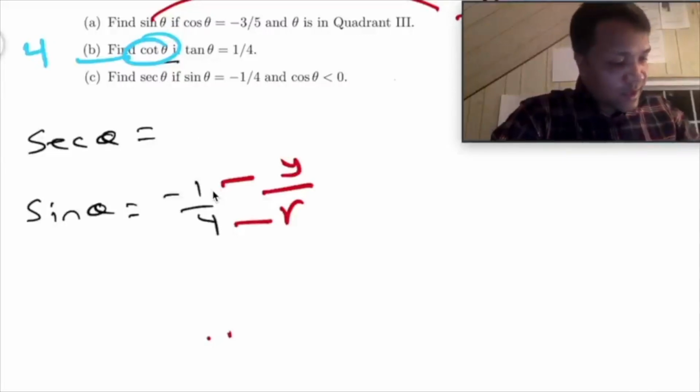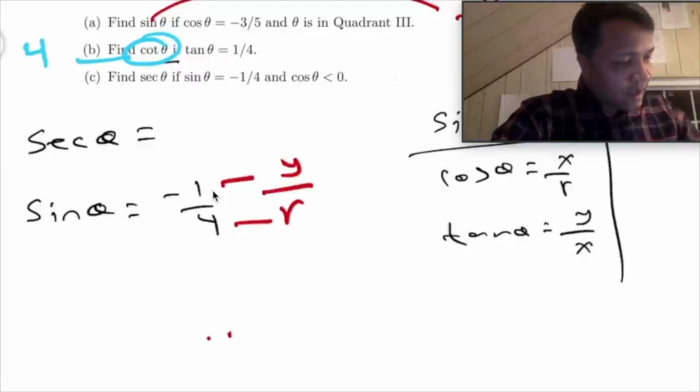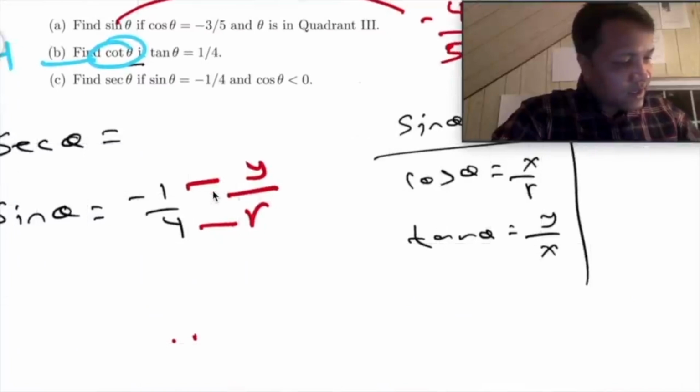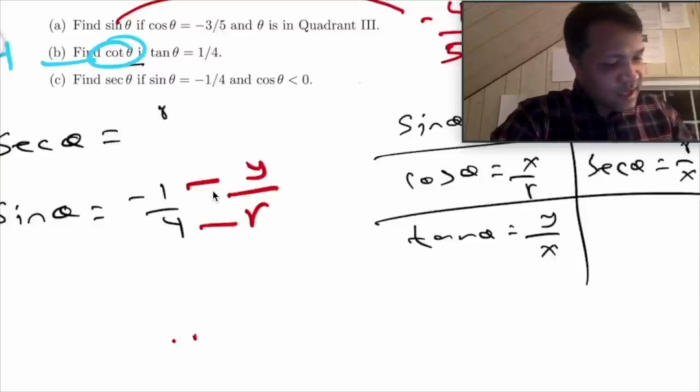Sin theta is y over r, cosine theta is x over r, tangent theta is y over x, cosecant theta is r over y, and secant theta is r over x.